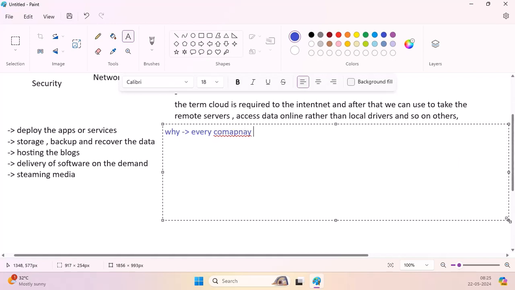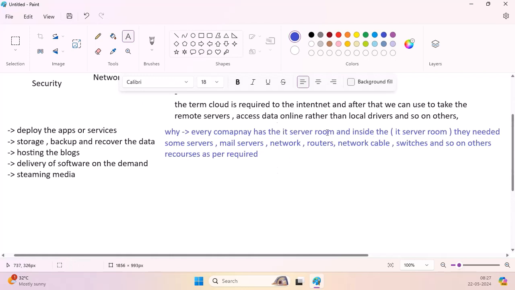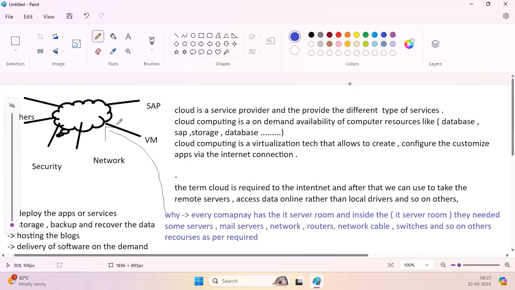Every company has an IT server room, and inside the IT server room they need some servers, mail servers, network routers, network cables, switches, and so on, and other resources as required. So as you can see, that is why we have to use the cloud, so it connects them.